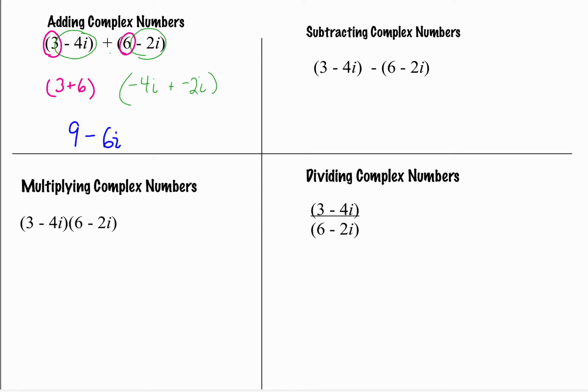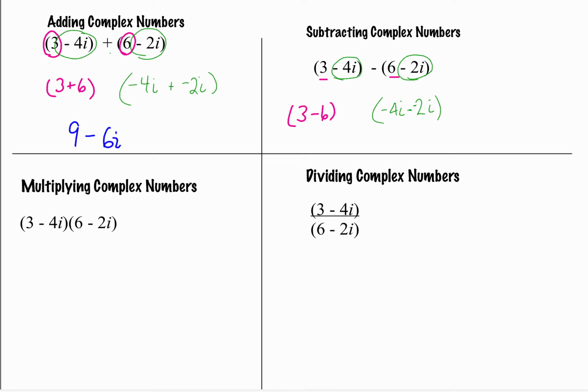So I think you can get how subtraction works. Same thing. We're going to take the real parts, which are 3 and 6, but this time we're going to subtract them. Then we're going to take the imaginary parts of negative 4i and negative 2i. So I have negative 4i subtract negative 2i.